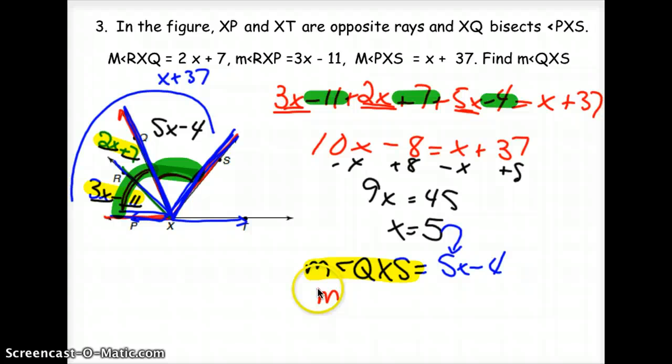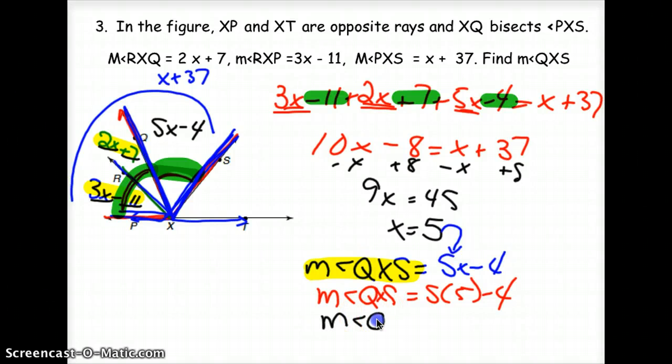So now my measure of angle QXS equals 5 times 5 minus 4. So I got 25 minus 4. So the measure of QXS equals 21. I'm going to box that in. It asks me for that angle.